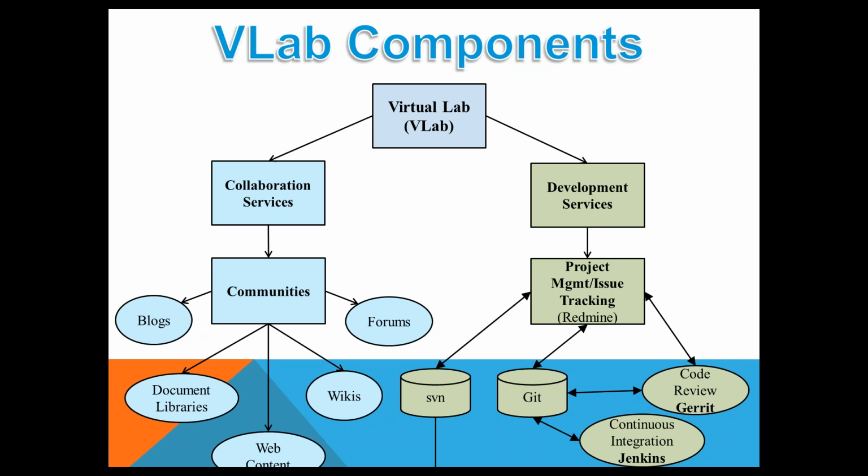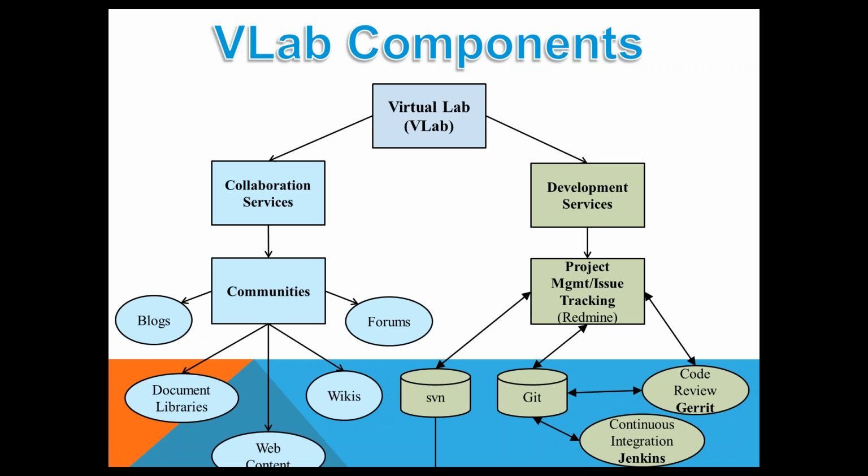On the left side, collaboration services is designed, as the name implies, to facilitate collaboration between individuals and groups of individuals. They do this within things called communities. These communities make available a number of tools that facilitate group working together. Things like blogs, which many of you are familiar with, I'm sure.